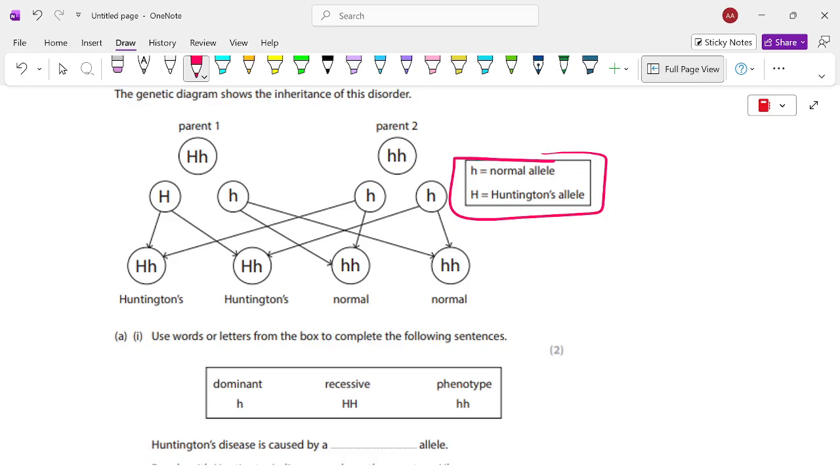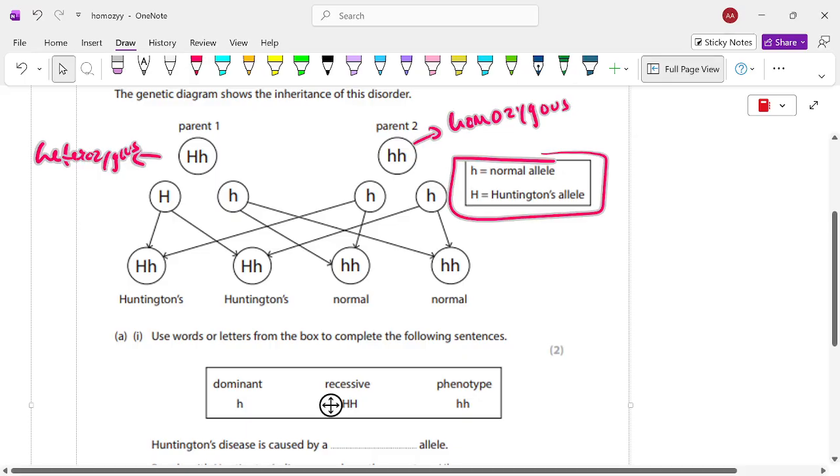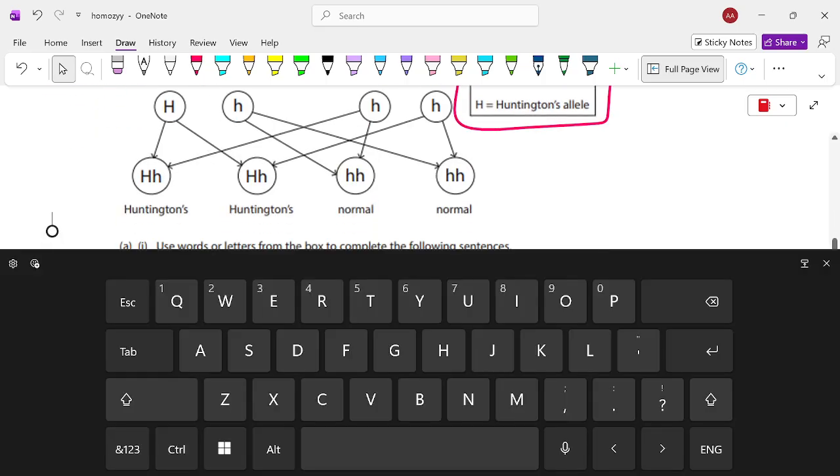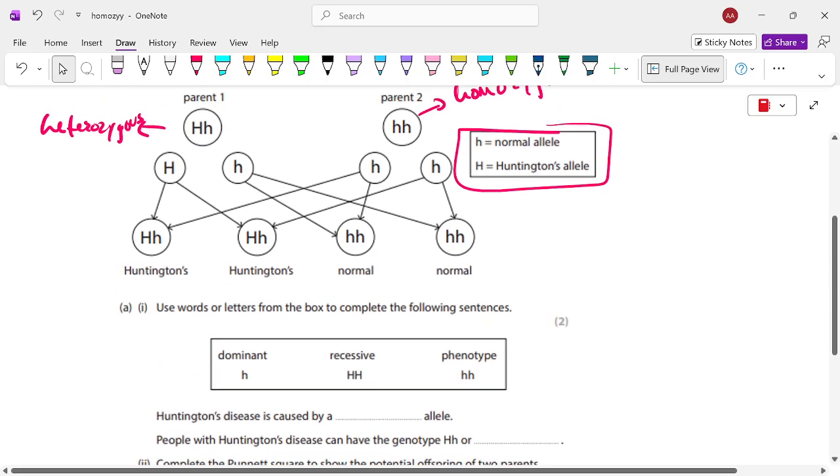Okay, so we have the capital H and small h. One parent has capital H and small h, which is heterozygous, right? Since they have different alleles, while parent 2 has two small h, which is homozygous, because we have the same alleles. So now let's look at the gametes, or what the next child is going to end up having.